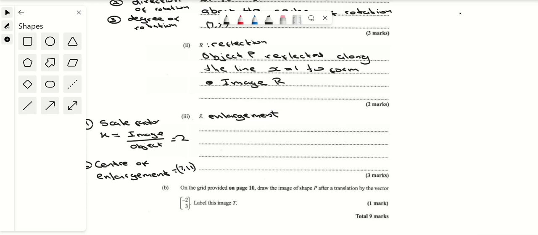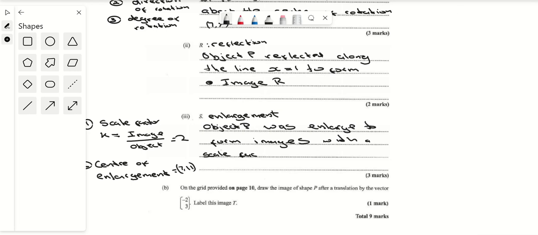So we are going to say that object P was enlarged to form image S with a scale factor of 2 about a center of enlargement of 7, 11, right? And that would be your answer for S.